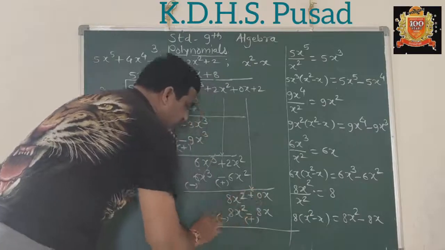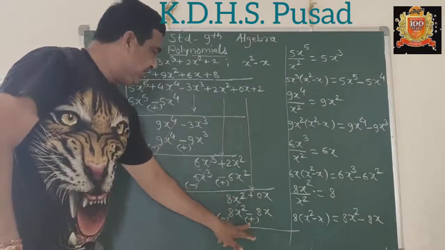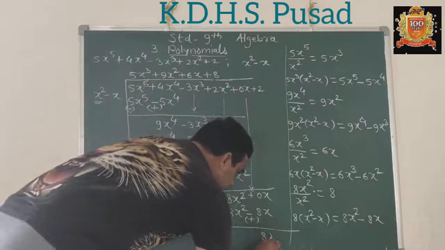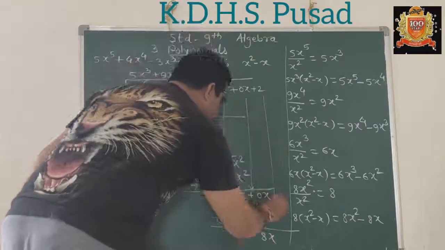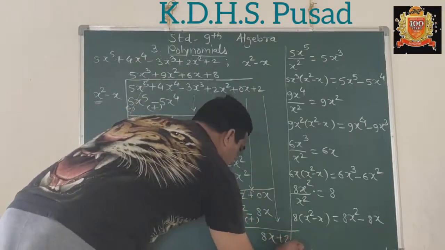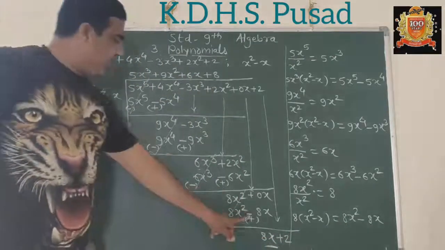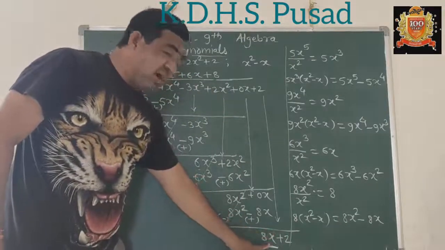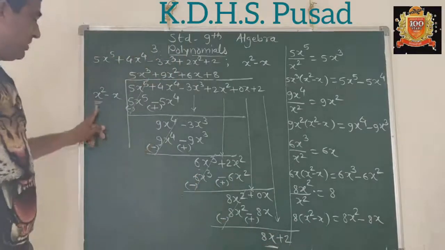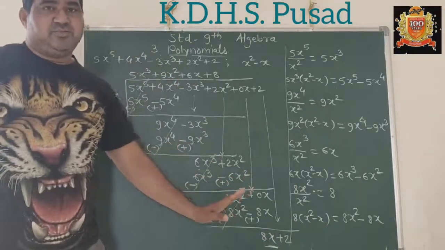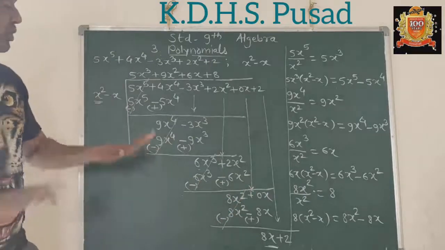This term gets cancelled, 0x plus 8x, that is 8x. Now this next term plus 2. Now check this and check this. Power 2, power 1. Then this power is less than this power. You cannot divide further. So you have to stop there.